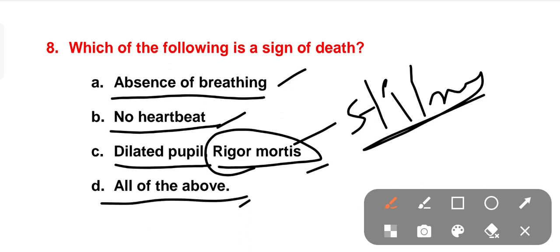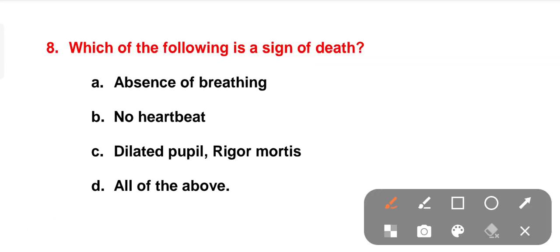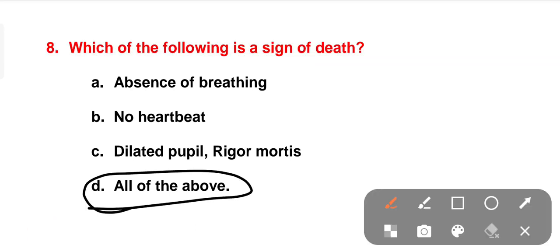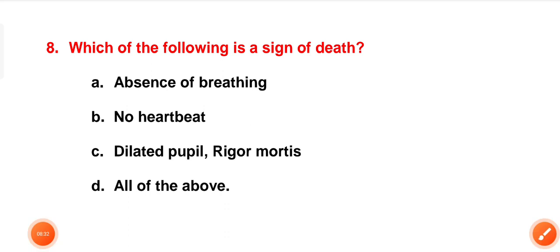Option D is all of the above. So which is the right option? Option D. In the case of a dead person, we can see absence of breathing, no heartbeat, and dilated pupils. When we shine a torchlight into the pupil, it will not react to the light, and stiffness of the muscles will be there. So the right option is all of the above.